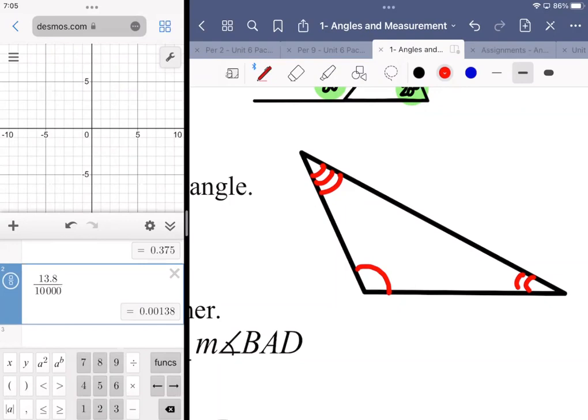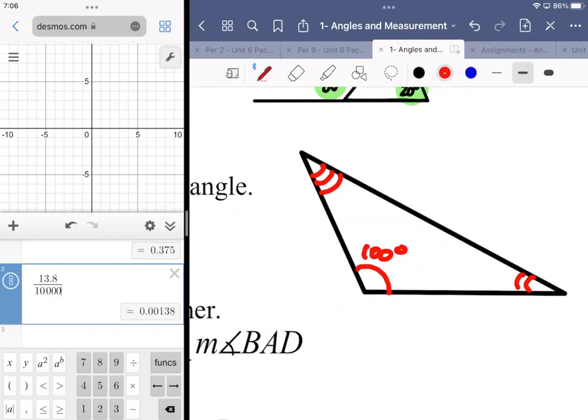That's because all three angles have to add up to 180 degrees. If this angle is, I'll just make up a number, 100 degrees, neither of these two angles could be bigger than 100 degrees, because then you'd have values that add up to more than 180 degrees.